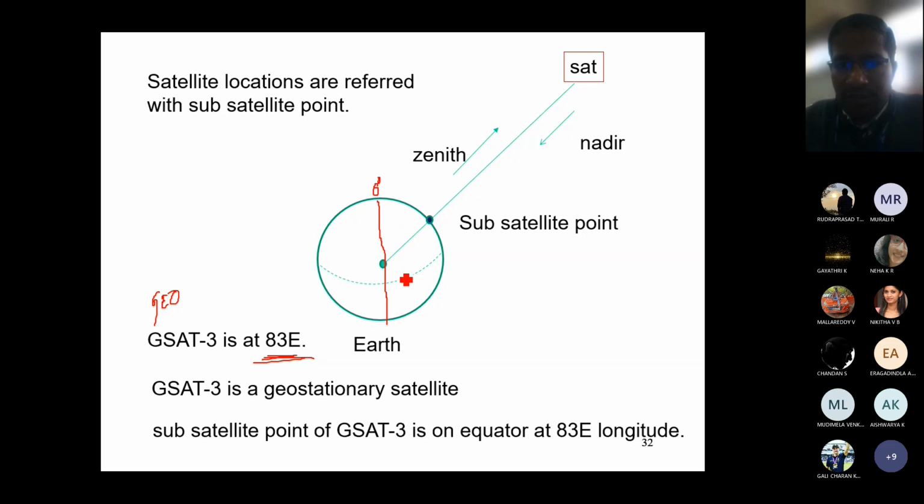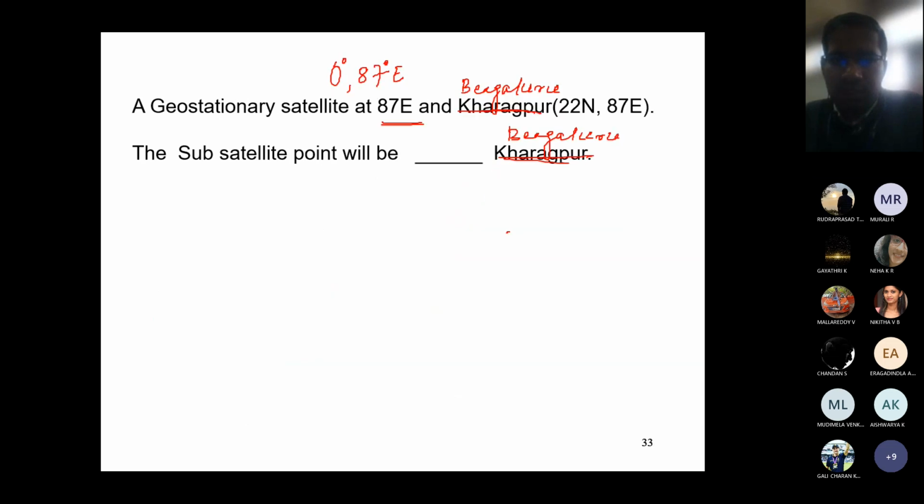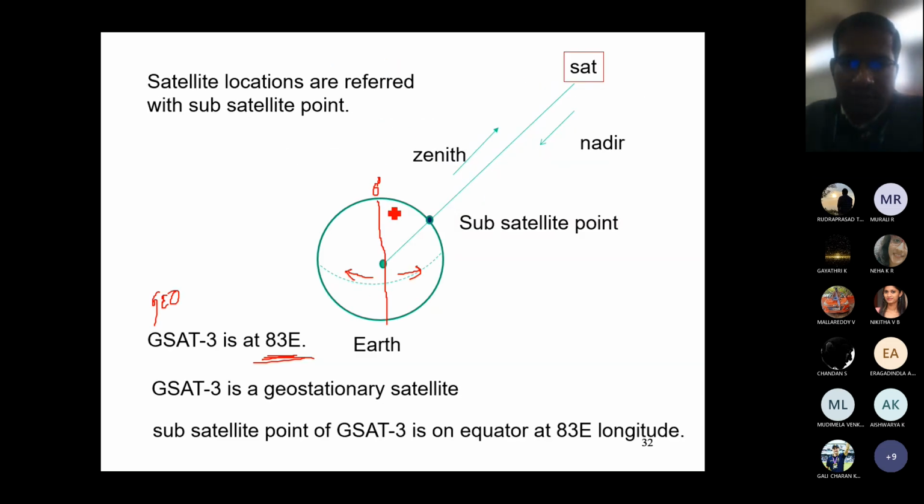So all the longitudes in this direction will be east, and all longitudes in this direction will be west. In our question it is given 87° east. So suppose this longitude is 87° east. I have assumed, I don't know whether it is that longitude or not, but I have assumed this is the 87° east longitude line.